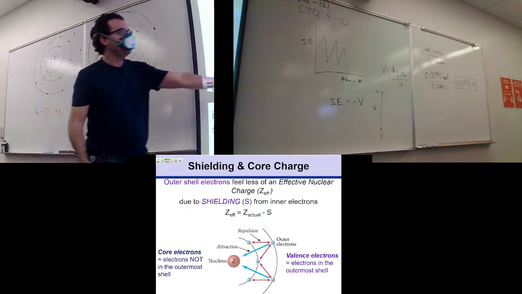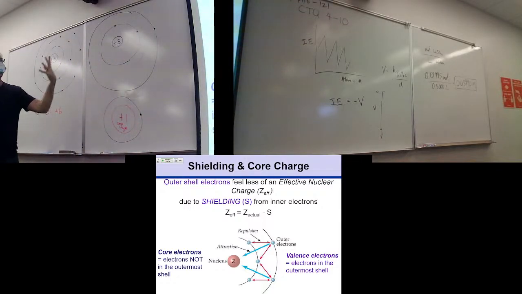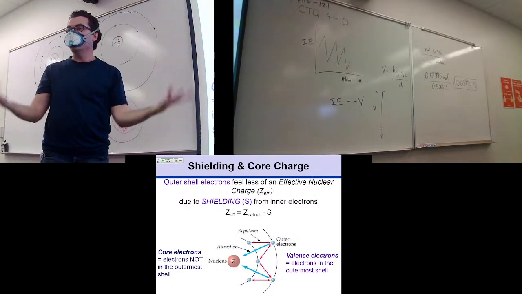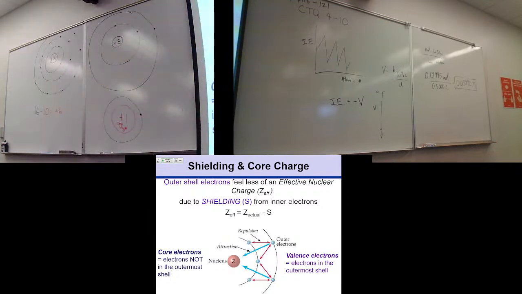But in general, to calculate the effective atomic charge that this electron feels, you have to consider a lot of other things. Overall, the term that subtracts from the actual nuclear charge, which for us is just the number of inner electrons, is generally called shielding. These inner electrons are shielding the outer electrons from the nucleus.